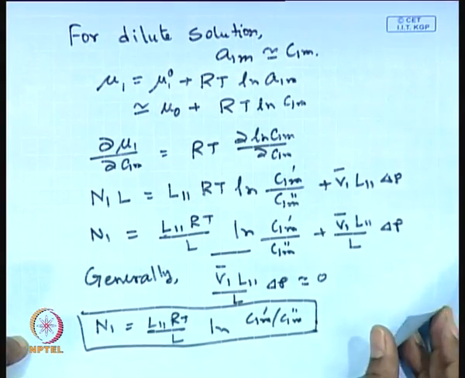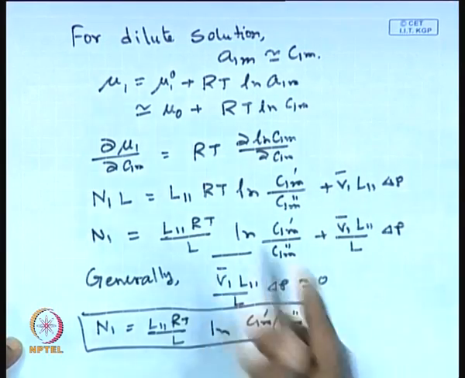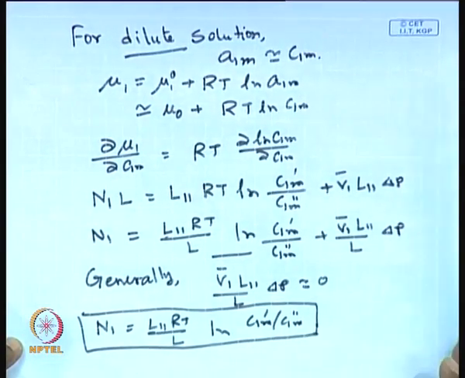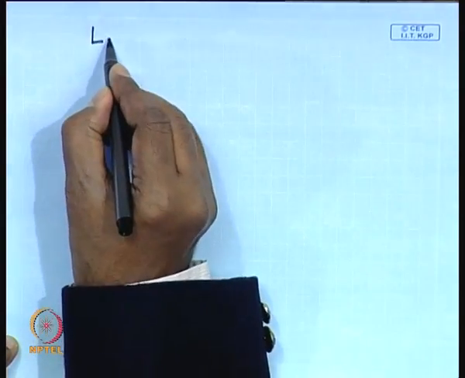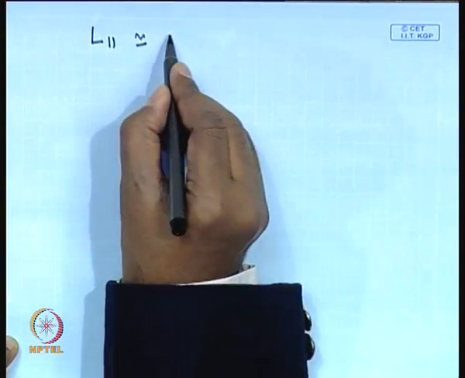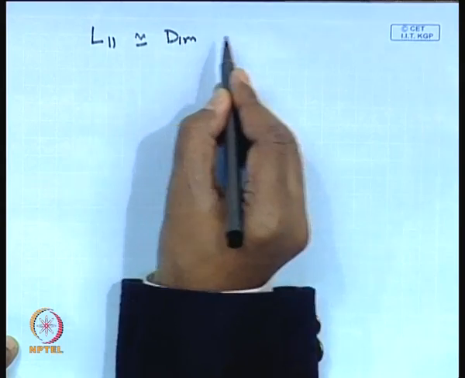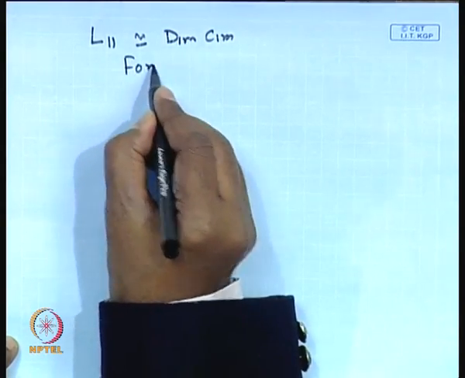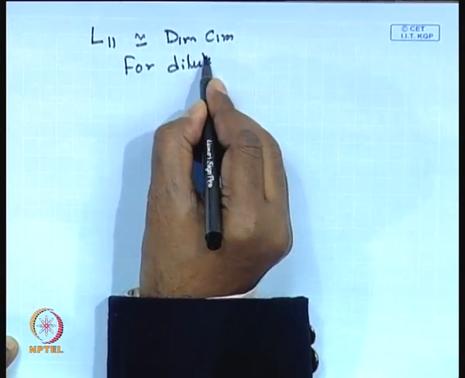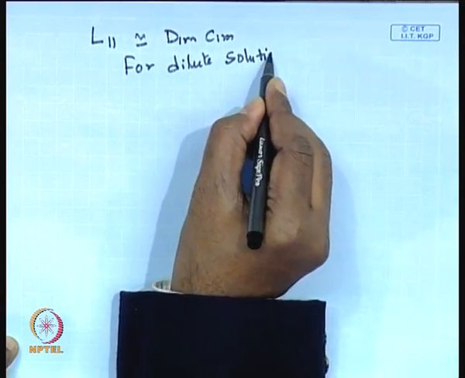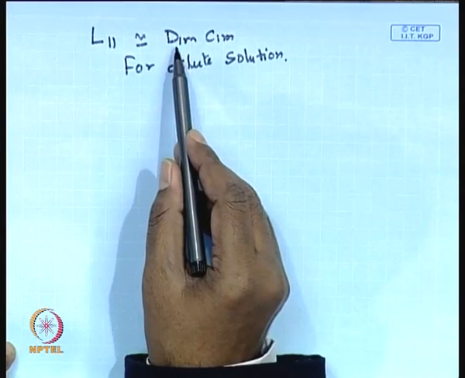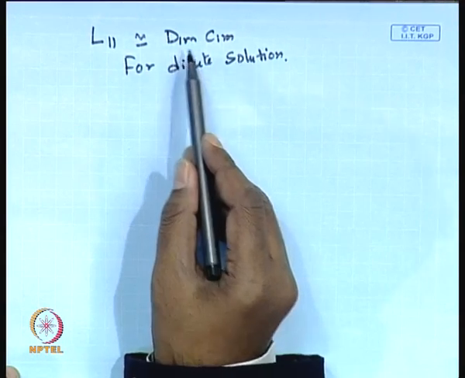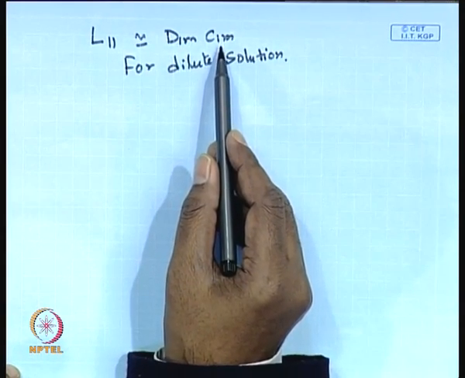Okay. Now, since we are already assuming a dilute solution, it is well known that the coefficient L11 will be roughly proportional to D1m multiplied by C1m. This is for dilute solution. D1m is the solute diffusivity through the polymeric membrane phase, and C1m is the concentration in the membrane.